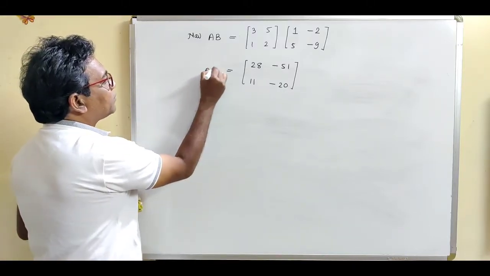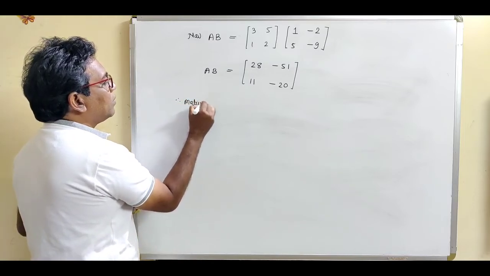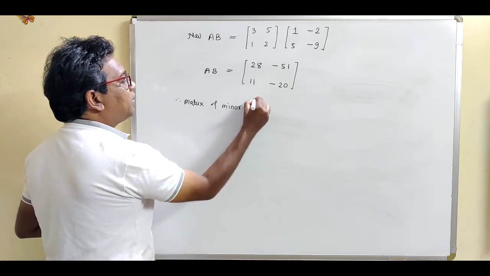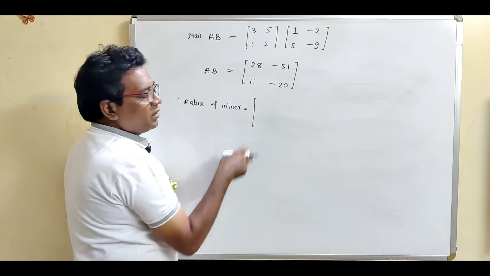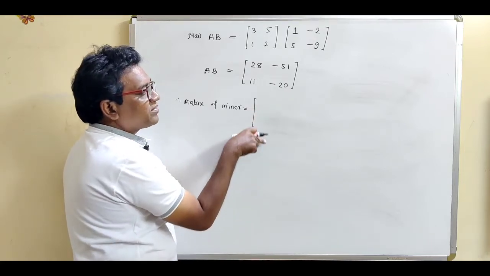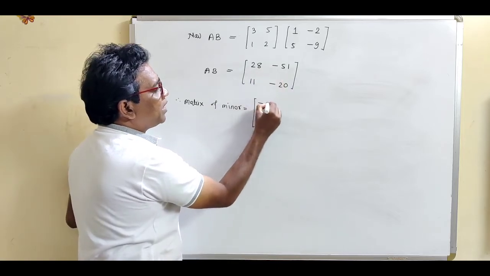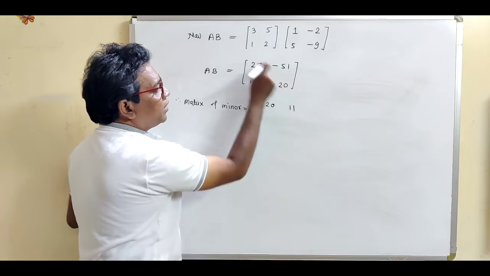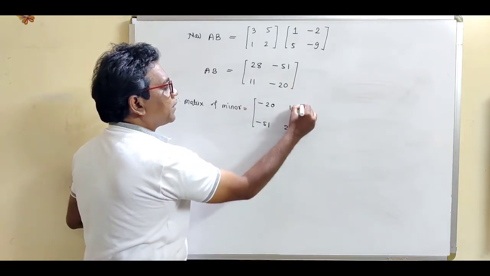So write down therefore, matrix of minor is equal to, now find out this first minor element. So again we have the same process, delete corresponding row, corresponding column, just write down the remaining element, which is minus 20, delete row and column, this is remaining element, delete row and column, this is minus 51 and this is 28.